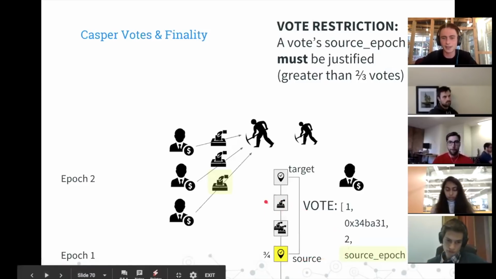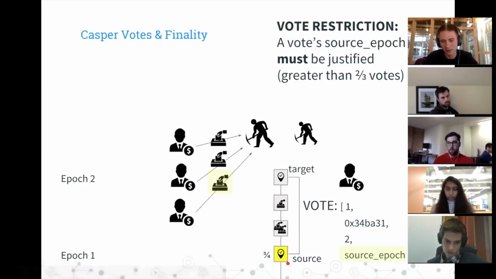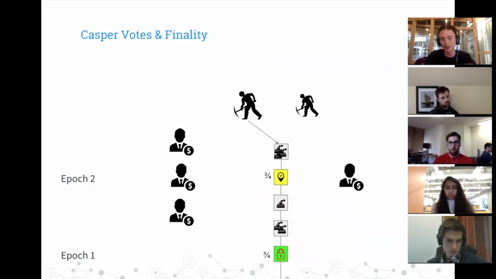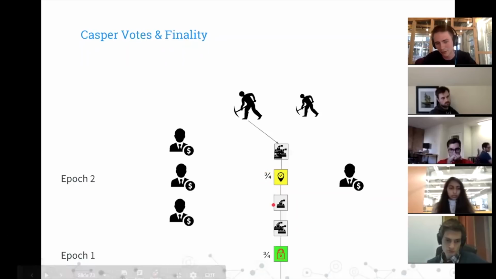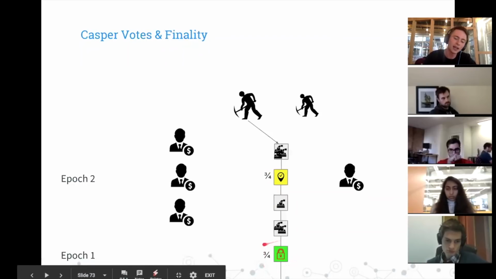And so this is how we build up the chain, right? We get this justification, and then we reference it, and we build these supermajority links, as they're called. Okay, so we have this vote, and the miner mines the block, and we've got a justified checkpoint here with 3/4. This is justified.